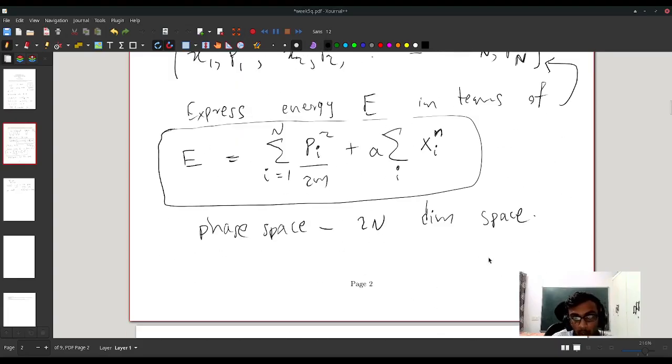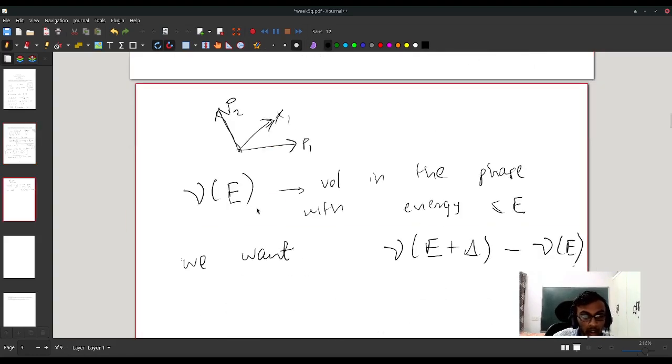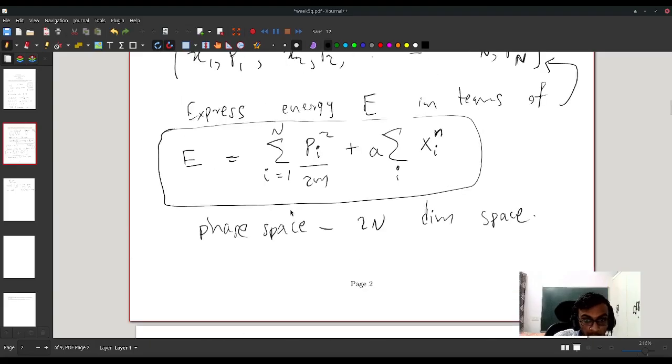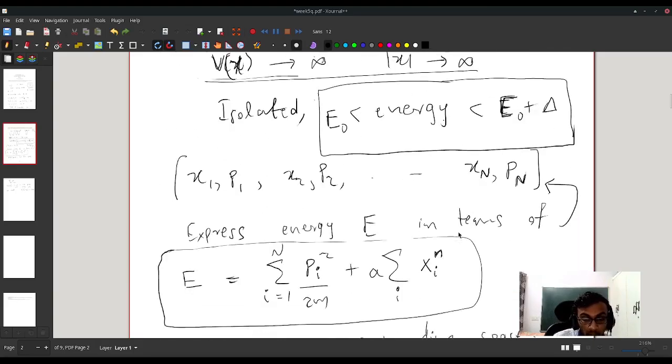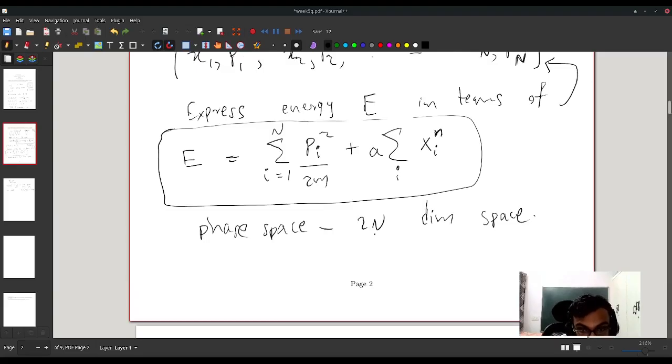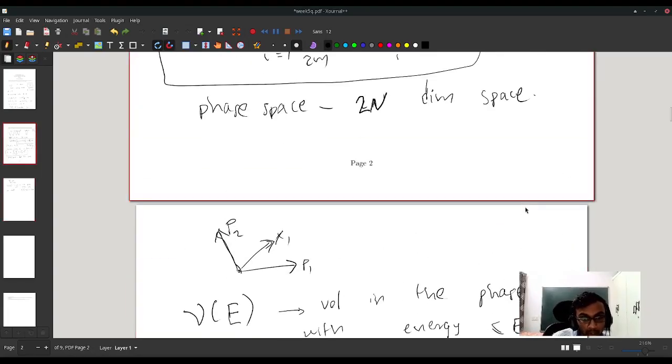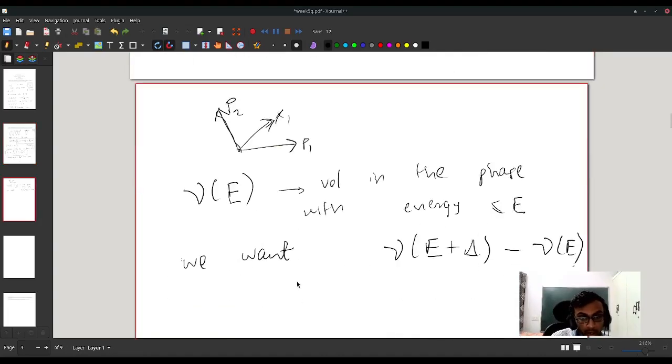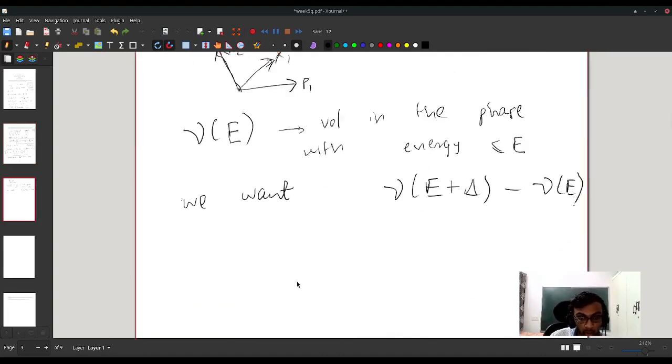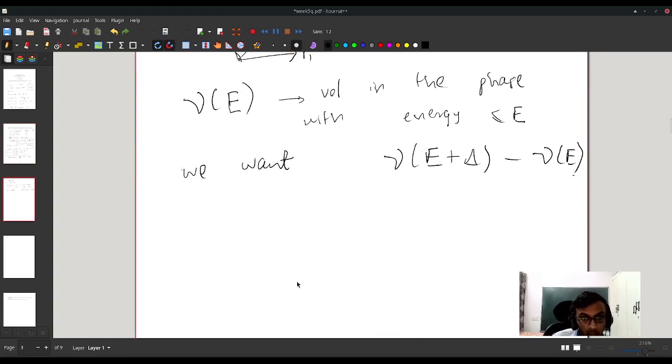All we need to know is how cal V of E depends on the number of atoms, so we want the dependence on n and E, and in particular how the volume increases with E, as what power of E. That is what we would actually need for most purposes.